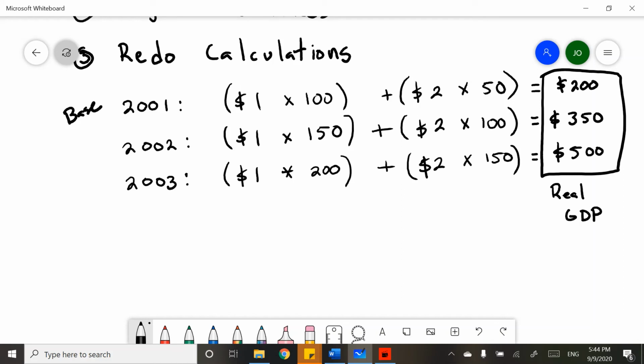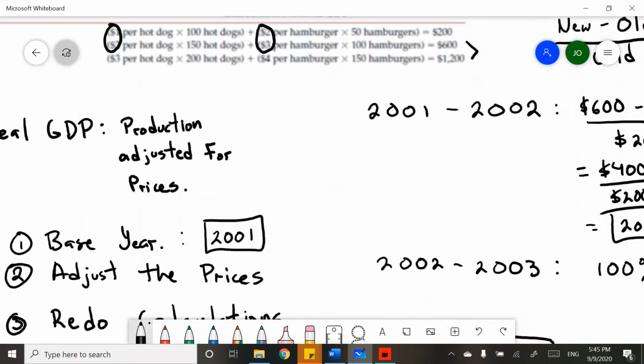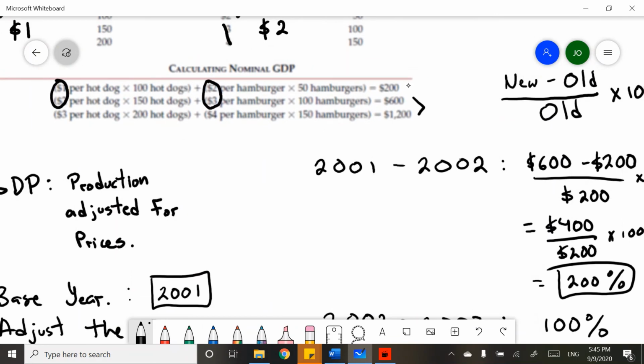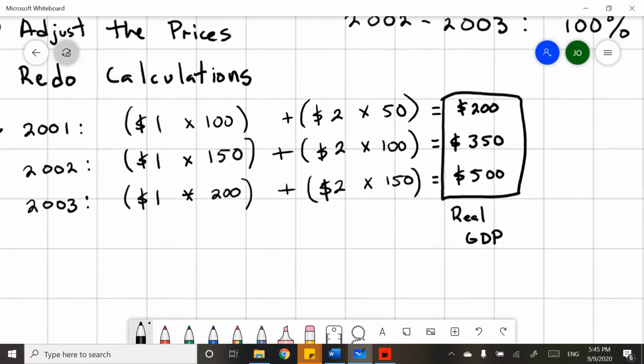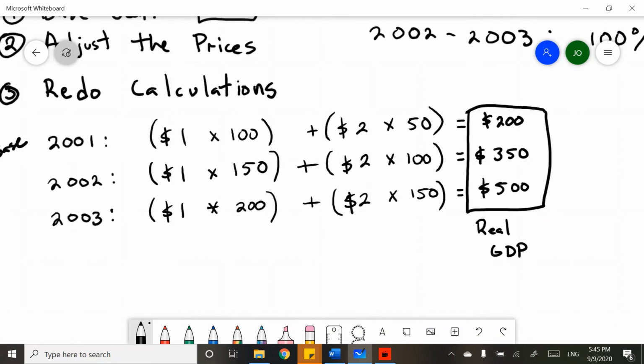Let's compare these numbers to what we had originally with our nominal GDP. 200, 600, 1200. The new numbers for real GDP have been adjusted for prices. Hence, they're going to be lower numbers.